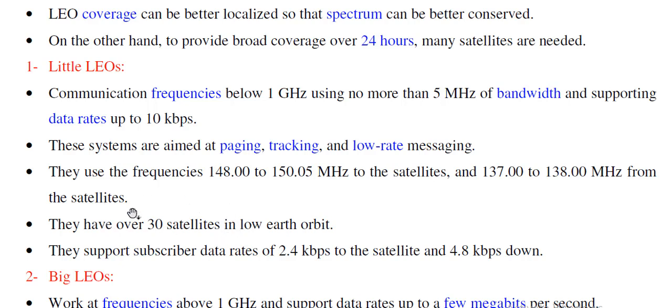In one orbit, they might use over 30 satellites in order to guarantee full coverage. As we have said, they have small data rates, let's say 2.4 kilobits per second for the uplink and 4.8 kilobits per second for the downlink, and they are usually used only for simple low rate communication.